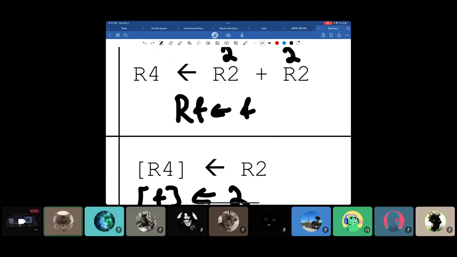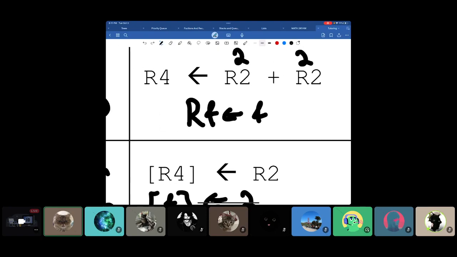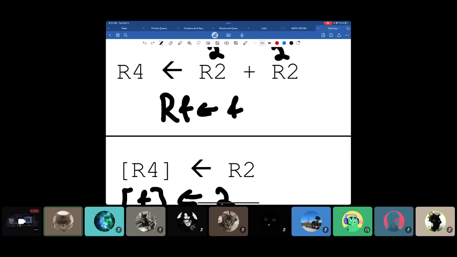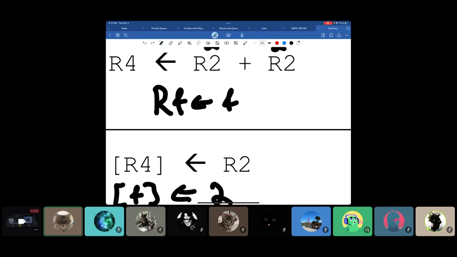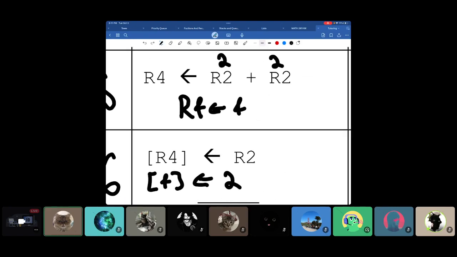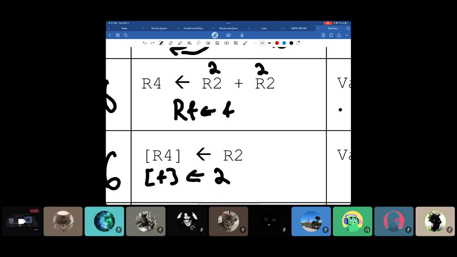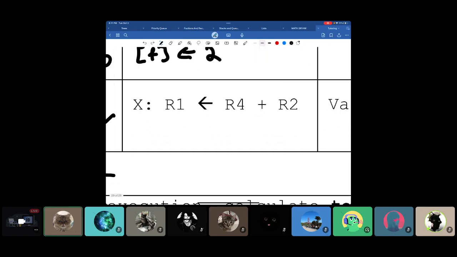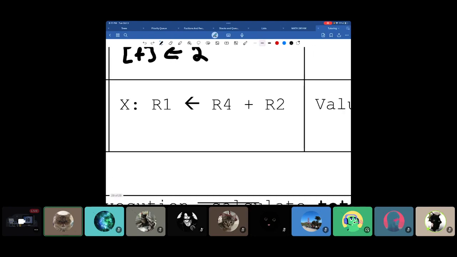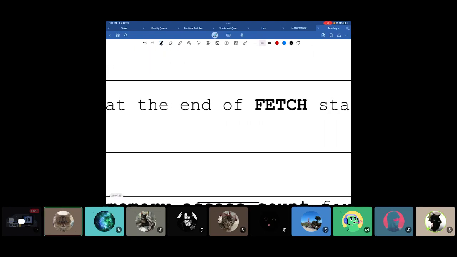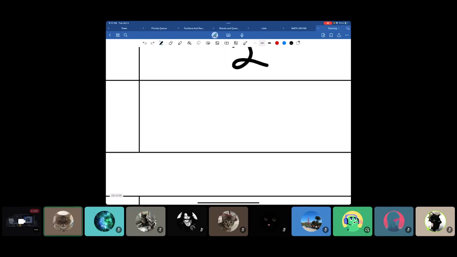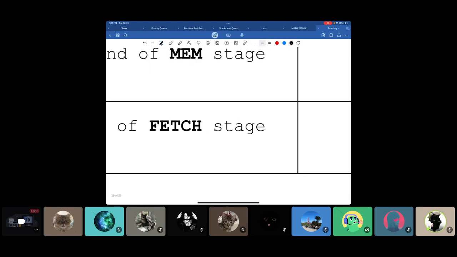But just because it was stored into R4 doesn't mean Z lost its value, right? 4 went into R4, but Z still holds 4, right? And from here, our Z register hasn't changed at the end of the fetch stage yet. And that's why our answer here would be 4, right?